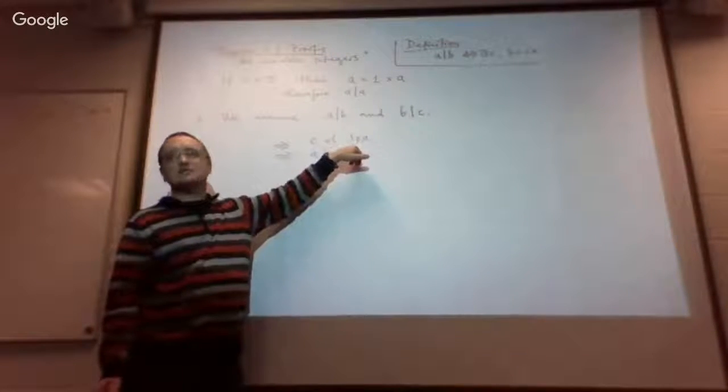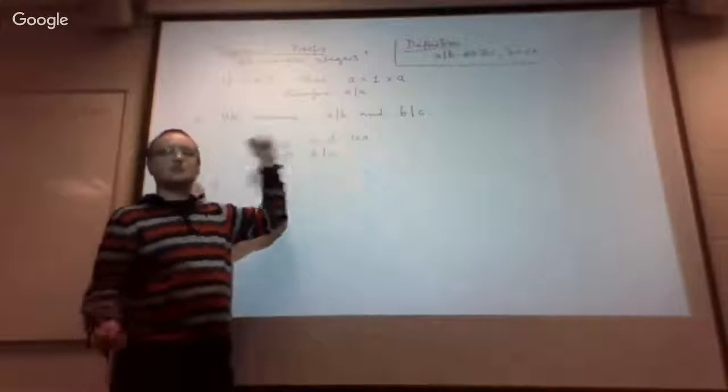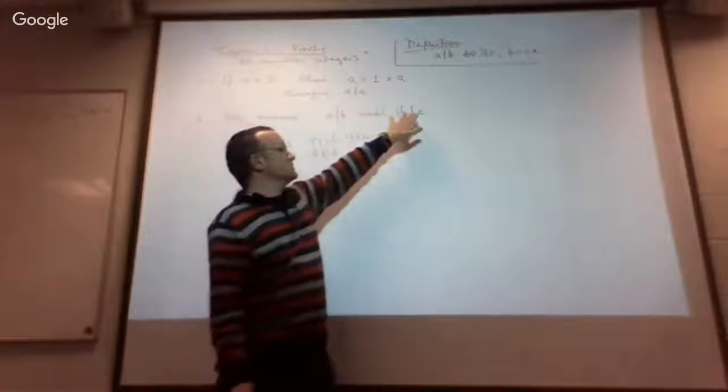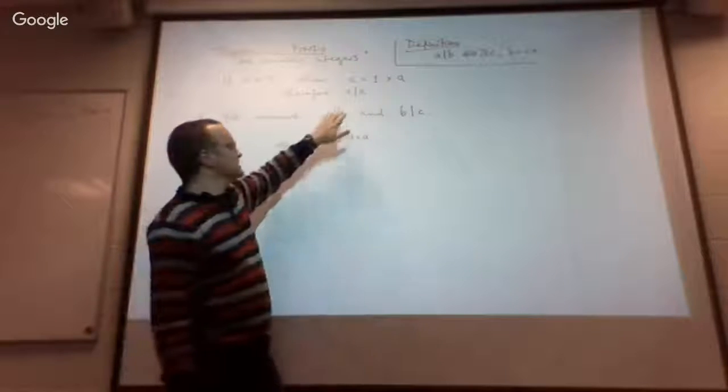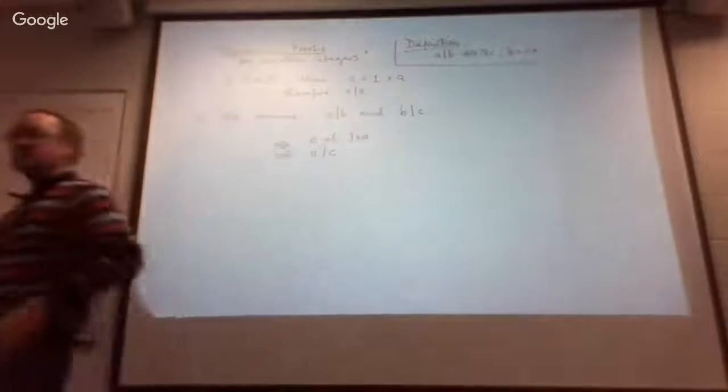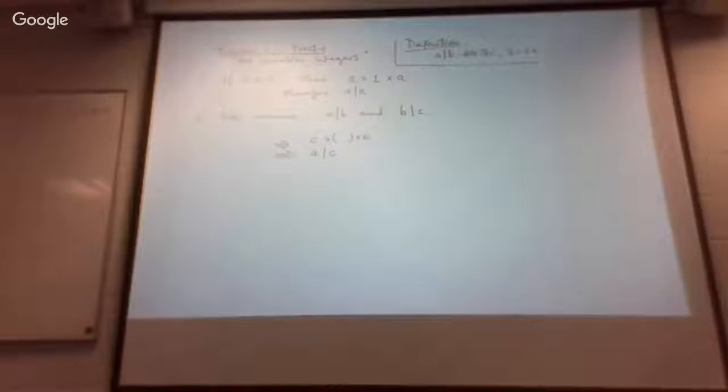Where are we going to find this integer? The only place we can find it is from these two statements here, because these two statements turn into existence statements about other integers. So surely it's going to be something to do with those.